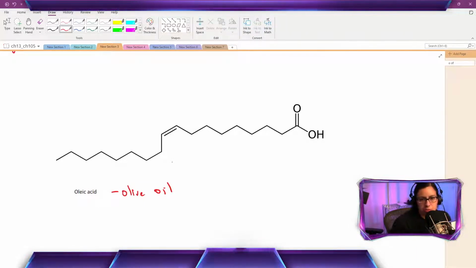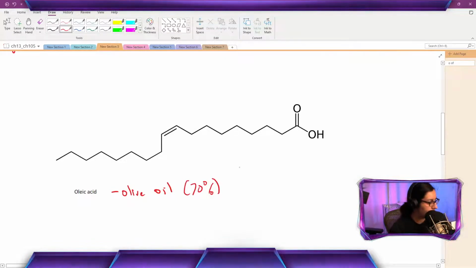And remember, this is primarily olive oil. So olive oil is about 70% of this. But its melting point, so we can compare, is now 13 to 14 degrees Celsius.